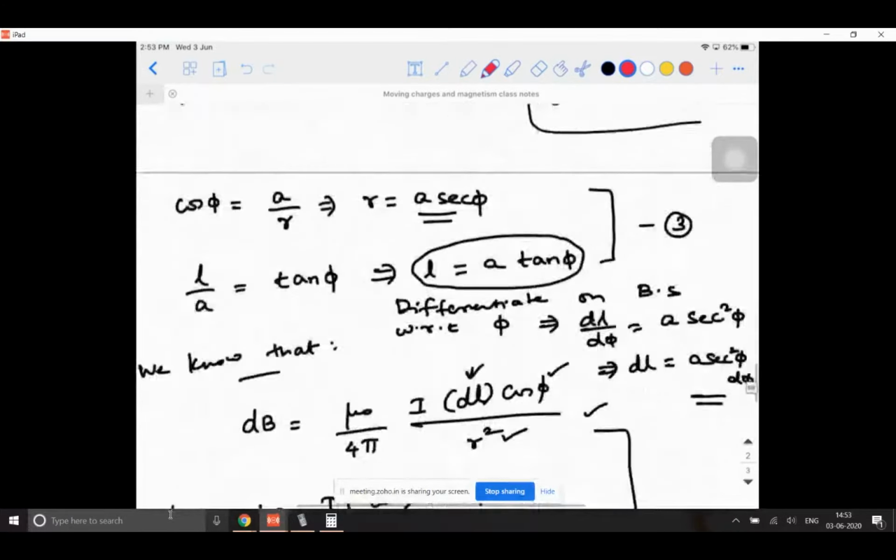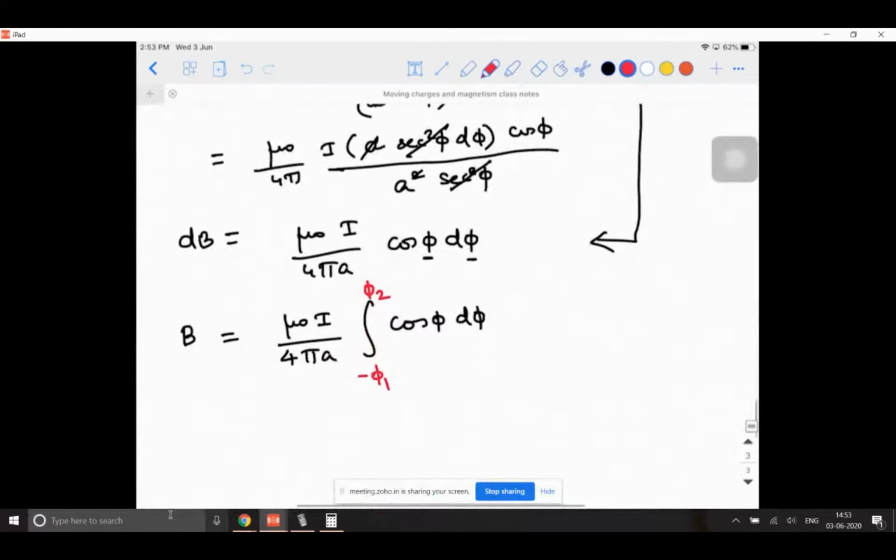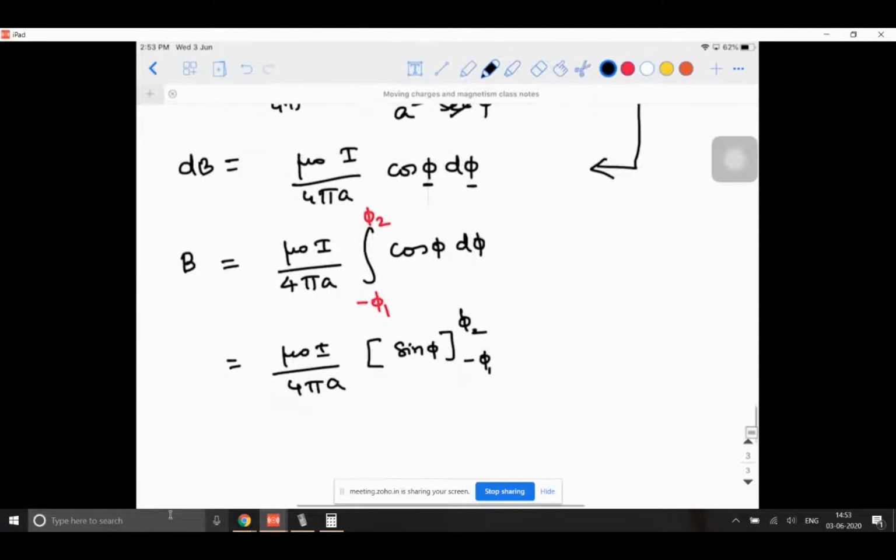Now observe, from minus phi 1 to phi 2, this can be written as mu naught I divided by 4 pi a into, what is the integral of cos phi? It is sin phi, from minus phi 1 to phi 2. So this will be equal to mu naught I divided by 4 pi a into sin of phi 2 plus sin of phi 1.